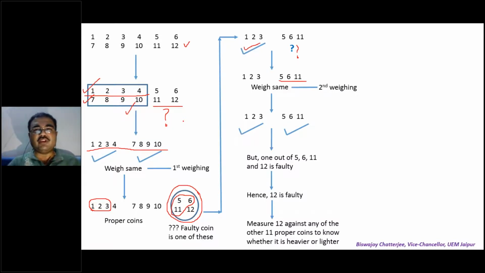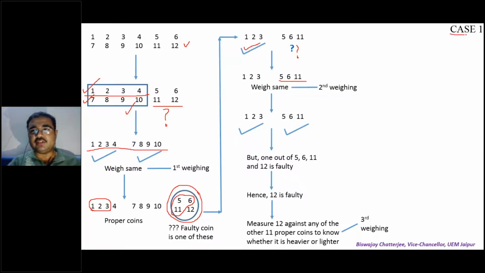If 12 is heavier, that also the weighing scale will show. So you measure 12 against any of the other 11 proper coins to know whether it is heavier or lighter, and that was your third weighing. So you have now determined which coin is faulty, and also whether it is heavier or lighter, within 3 weighings.